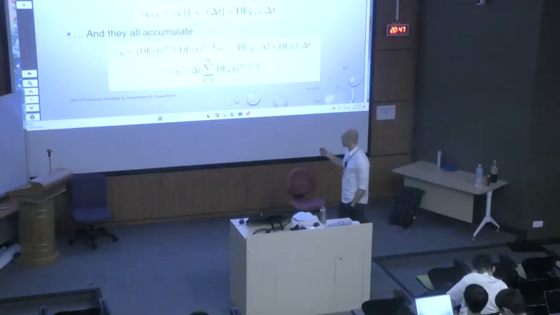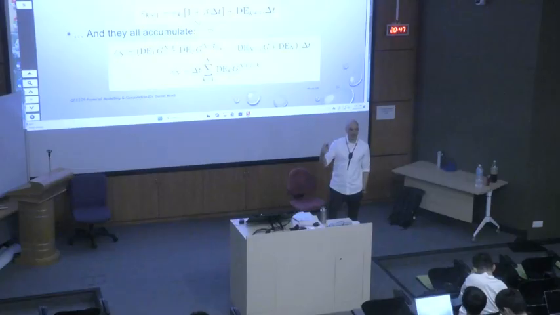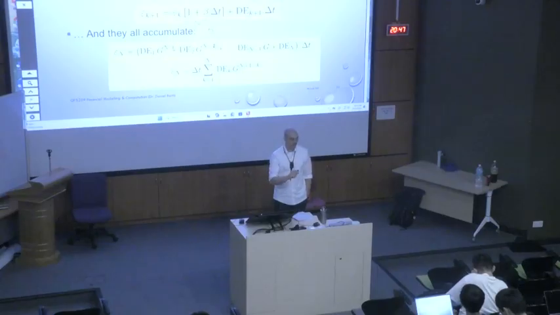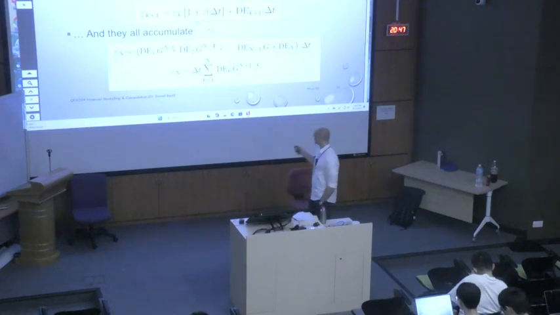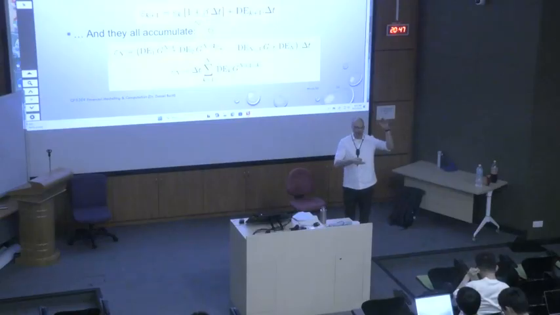So what happens if G is 1? Then nothing bad happens. It's just 1 to the power of n, it's okay. But what if G is, in absolute value, larger than 1? Say G is 2. And remember, n was not some small number. N was large because the grid was fine.